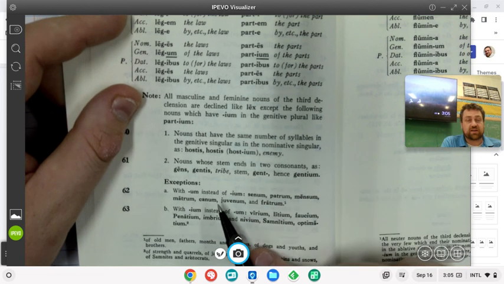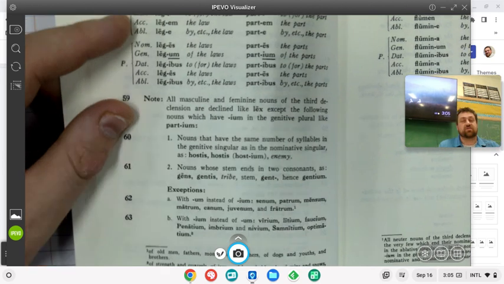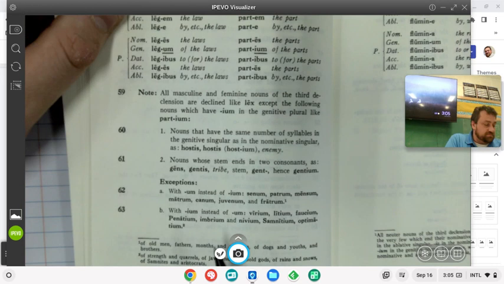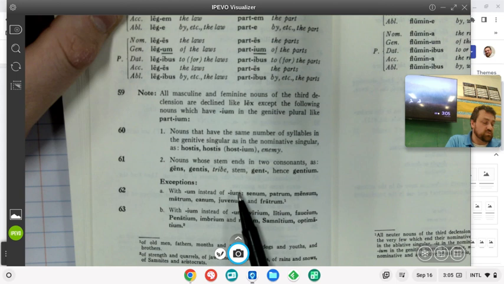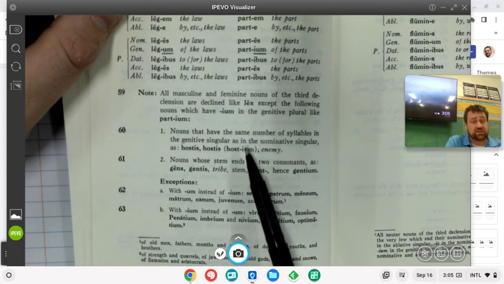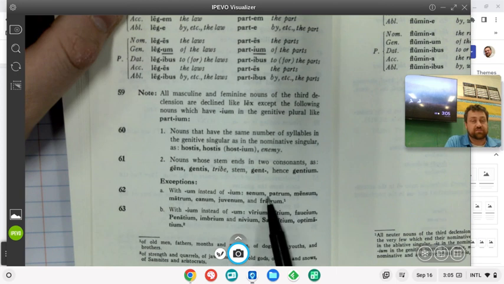Okay, and there are exceptions to those rules as well. Okay, there are exceptions to the exceptions. Instead of -ium, there are some words that you would think would get -ium, they look like they should be I stems because of these two rules, but nonetheless they just have -um instead.